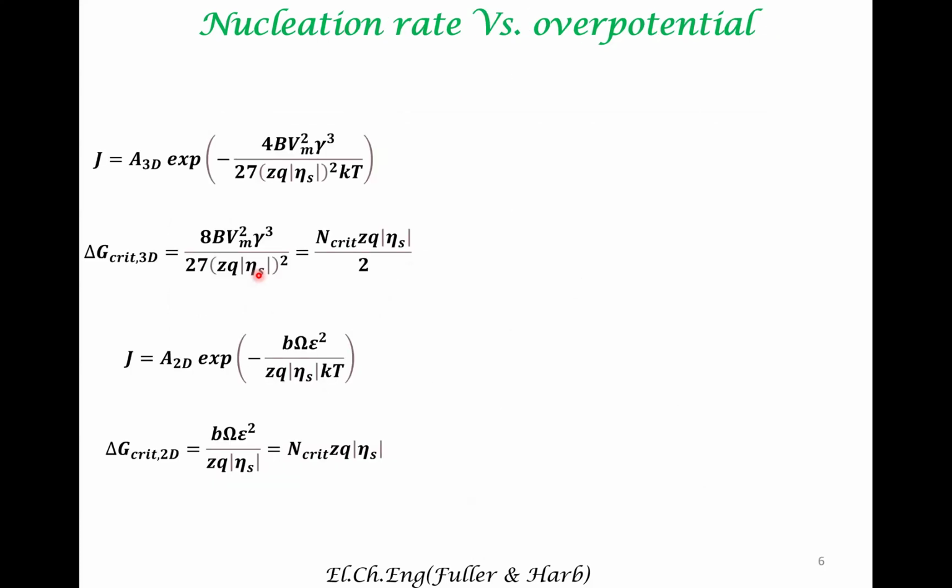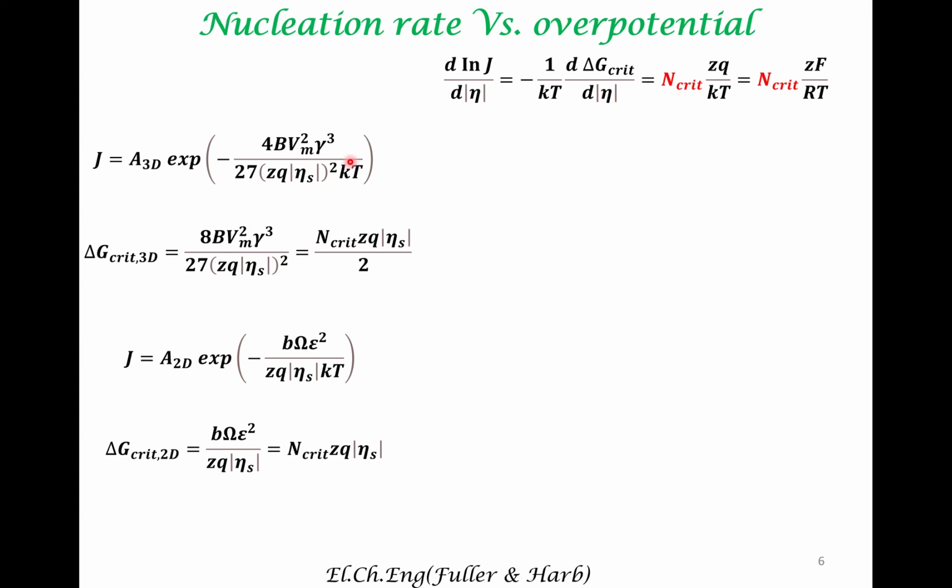So let's again summarize. From the previous lecture, we have derived these kinds of expressions. From these expressions, a quantity which we are interested in is n critical, the number of atoms associated with the critical nuclei. So how is this typically done?